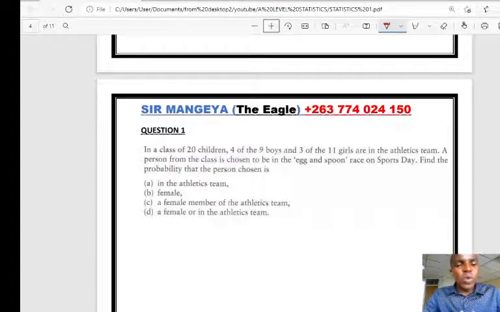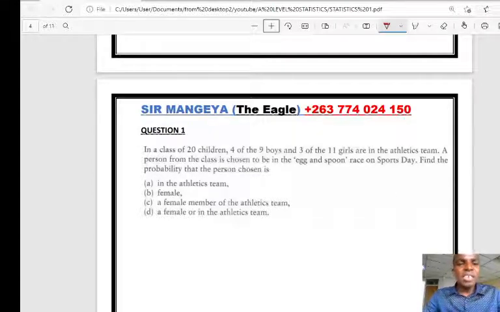In a class of 20 children, 4 of the 9 boys and 3 of the 11 girls are in the athletics team. How many altogether are in the athletics team? We have 4 boys plus 3 girls, so there are 7 out of 20.